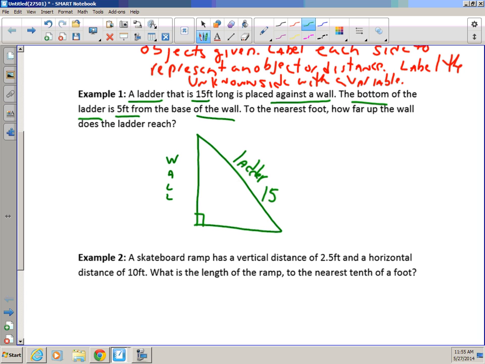And then what we are given is that the bottom of the ladder here is 5 feet from the base of the wall, so that's the 5. We want to know how far up the wall the ladder reaches, so we want to find that side. Once we've done that, we're back to our regular Pythagorean theorem problems.